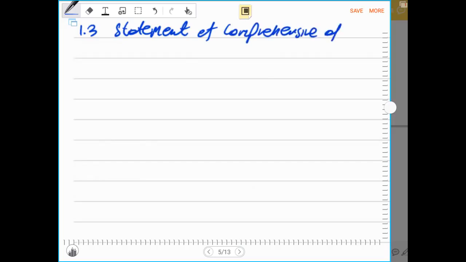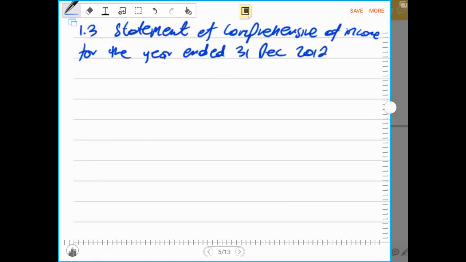Statement of comprehensive income for the year ended 31st December 2012. And we know that this statement starts with the incomes. That's where the statement starts.